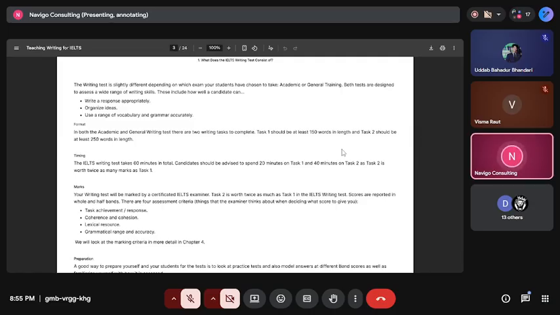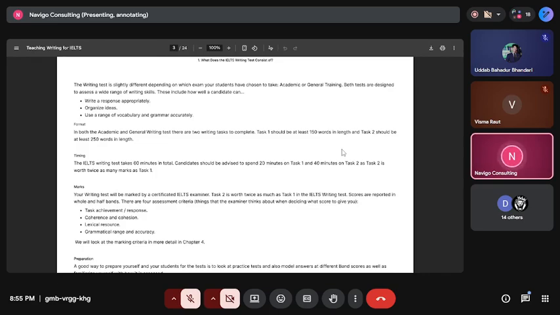And so the examiner who is assessing your writing is looking at a few things, which we also call marking criteria. Marking criteria means that on the basis of these things, your examiners are going to give you marks.